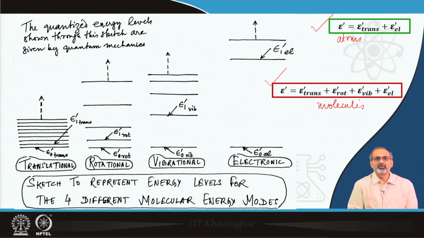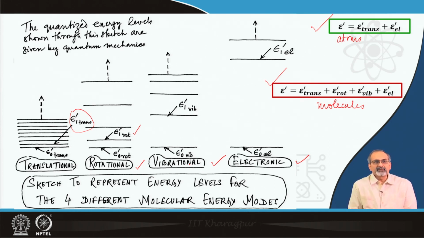It begins with a lowermost possible level which is marked as epsilon 0 dash trans. So, that is like a ground level, a ground state if you call it. And then if you move to the next discrete level, it becomes epsilon 1 dash trans. Similar is the case for the other energy modes, that they have a ground level of energy followed by the first one and so on.